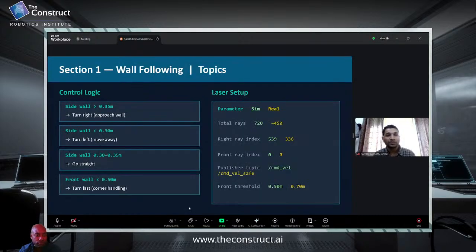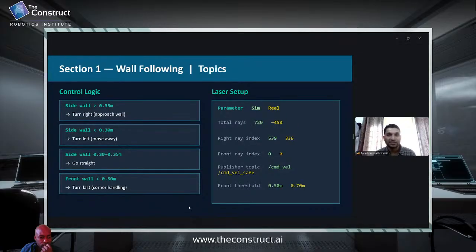Section 1 was on the wall following, as I said. So the control logic was that the robot has to keep a minimum distance from the wall. If it was greater than 0.35 meter, the robot was made to turn right to keep the distance. And if it was less than 0.3 meter, it has to turn left to move away.